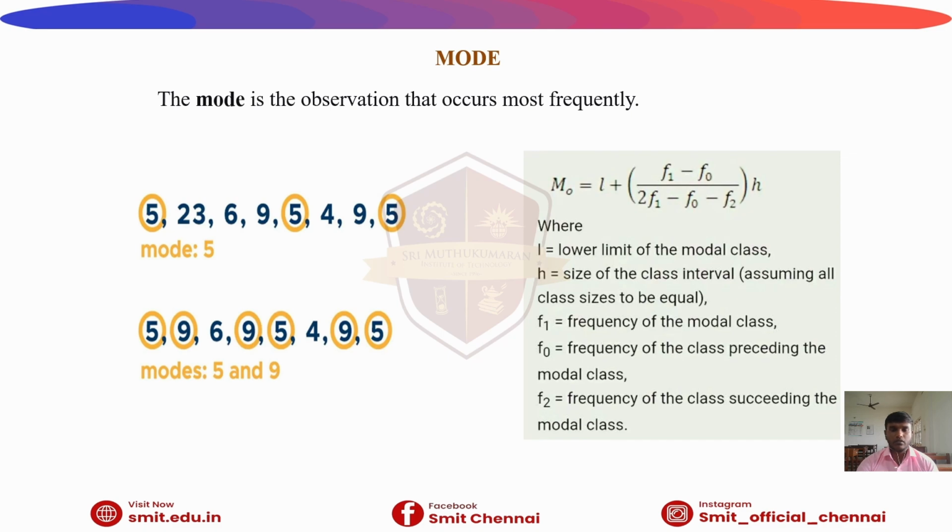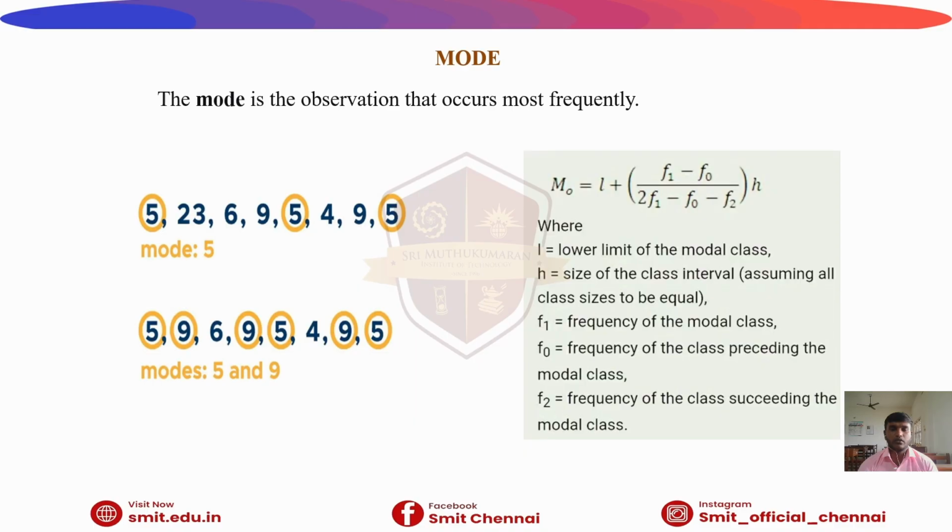Then mode. The mode is the value that occurs most frequently in a data set. Example: for the data set 2, 3, 3, 5, 7, 7, 7, 9, the most frequently appearing number is 7, which appears three times. So the mode is 7.